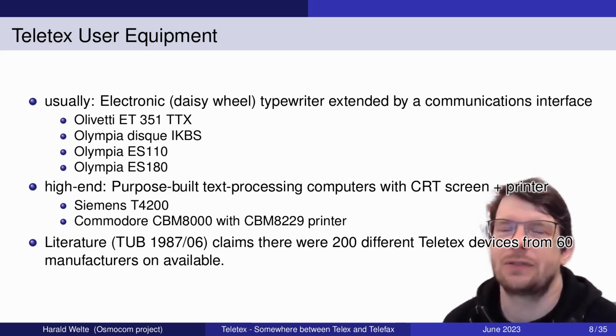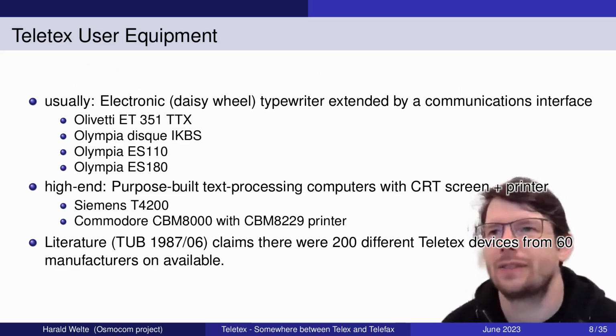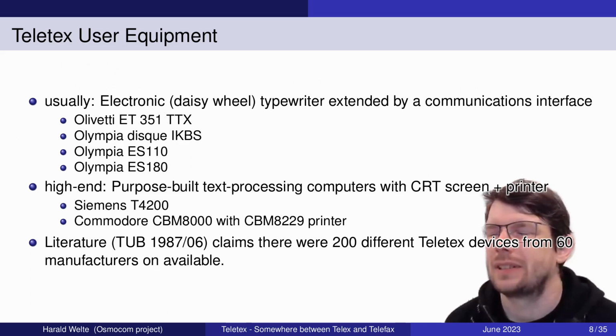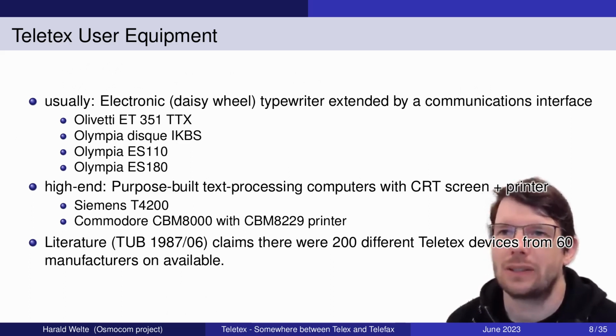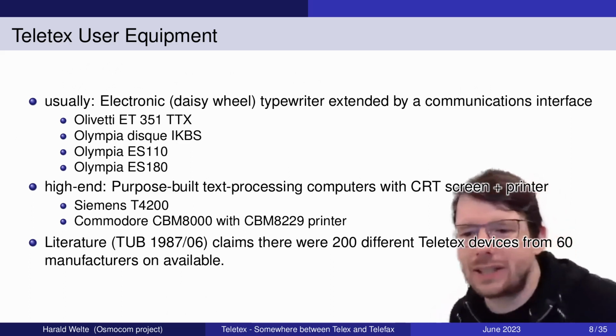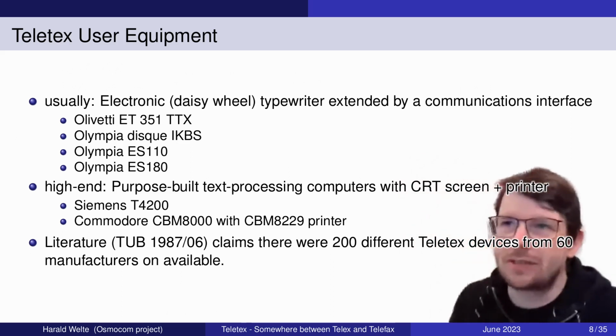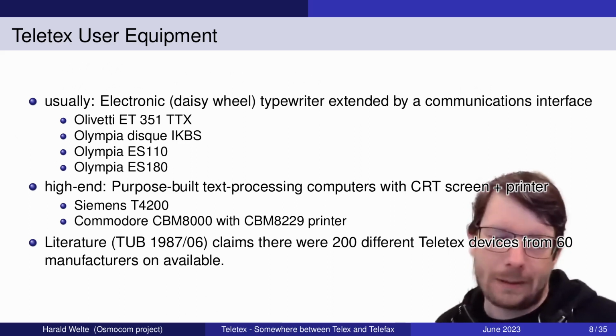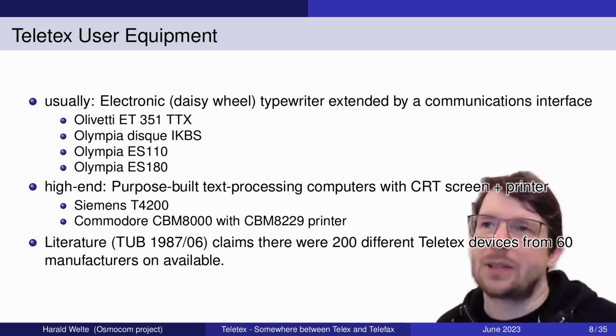This class of device was extended by a communications interface, so that you could basically transmit these texts remotely. Of course, the memory also had to be large enough to cover at least one page of text. I think the recommendation was to have 32 kilobytes, but it's just a recommendation, not a requirement by Deutsche Bundespost.